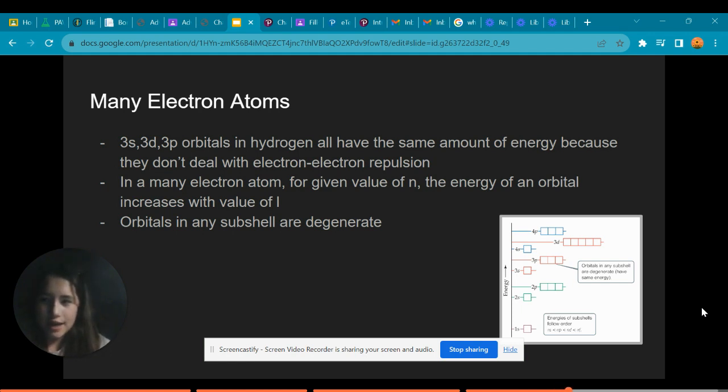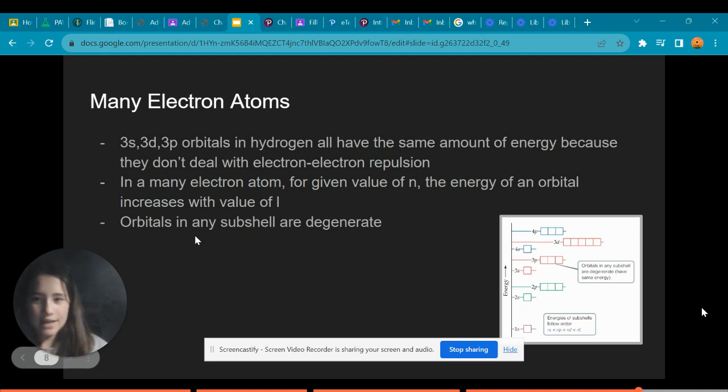In a many electron atom, for a given value of n, the energy of an orbital increases with the value of L. So that means that the 3d orbital is going to have the most energy. The 3p orbital will have the second most energy, and the 3s will have the least, for atoms other than hydrogen.